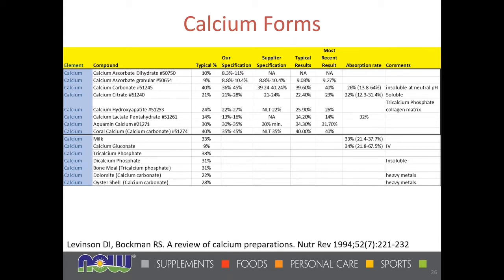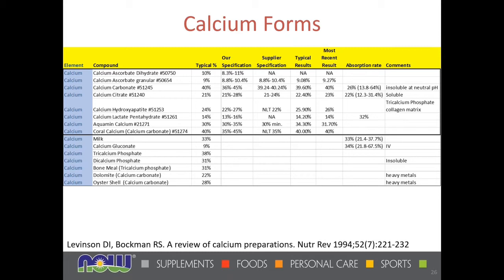So that indicates how complicated this becomes, trying to choose which calcium supplement may be right for you, or right for your patients if you're a doctor, or your clients if you're a nutritionist. There's a number of forms here, and milk calcium, I should say, is about 33% absorbed, so it absorbs pretty well.